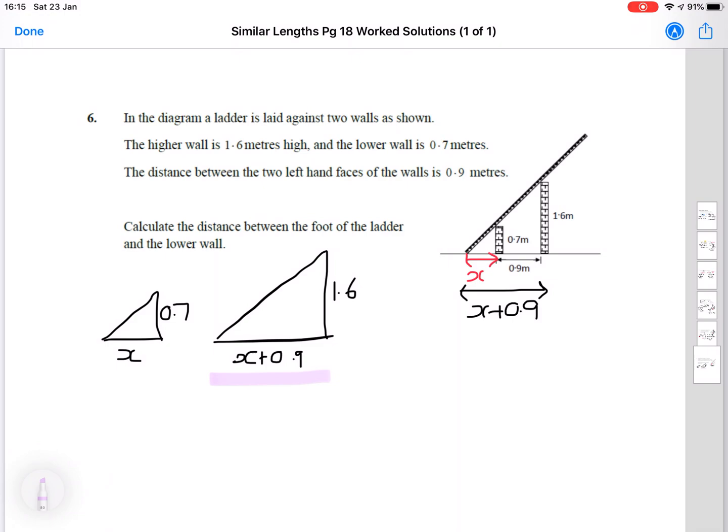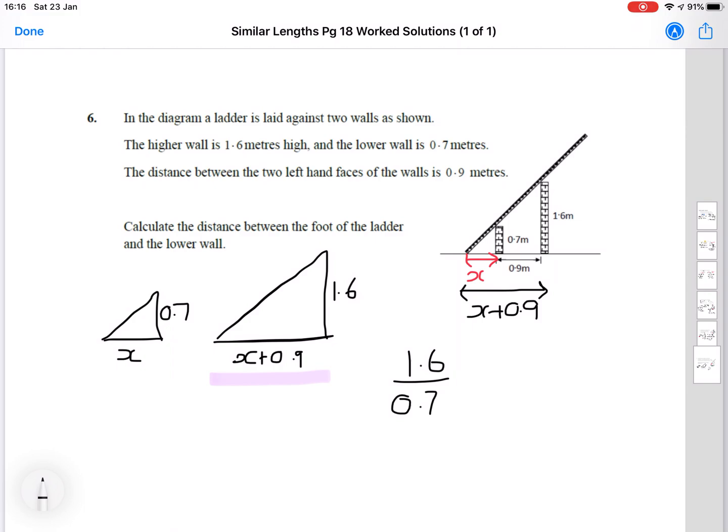What we can do instead is compare these sides as two fractions, because the sides of these triangles will be proportional to each other. So we can set these up as fractions. If we compare the big triangle to the small triangle, we have 1.6 over 0.7.